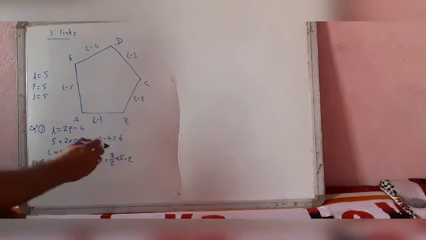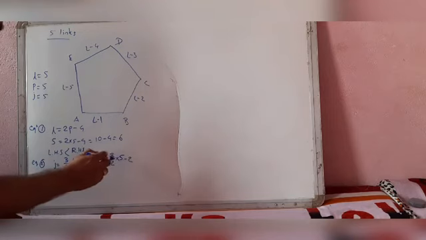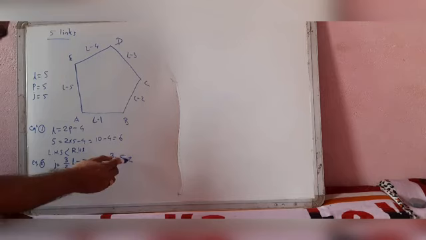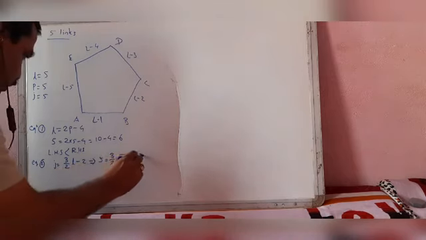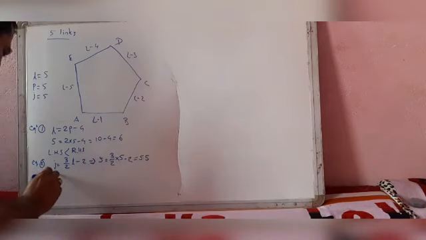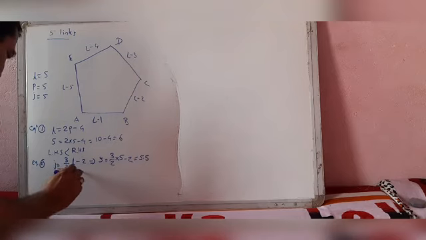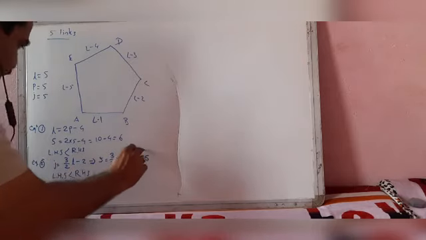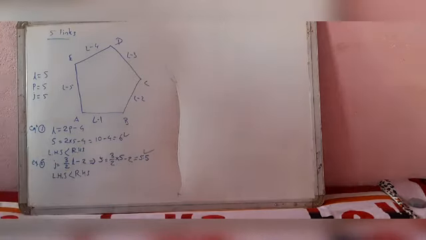So 3 by 2 into 5 is 15 by 2, that is 7.5, and 7.5 minus 2 is 5.5. Here also the left hand side is lesser than the right hand side. The 5 is lesser, this 5.5 is greater.